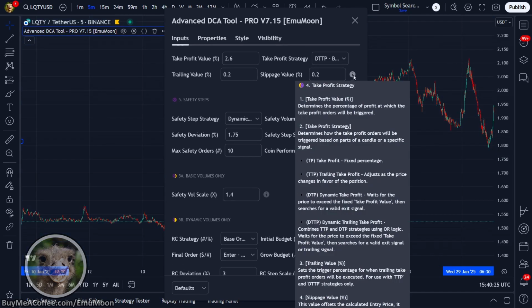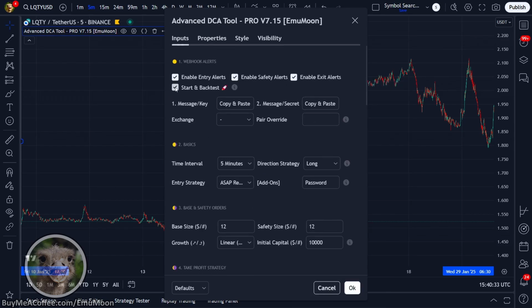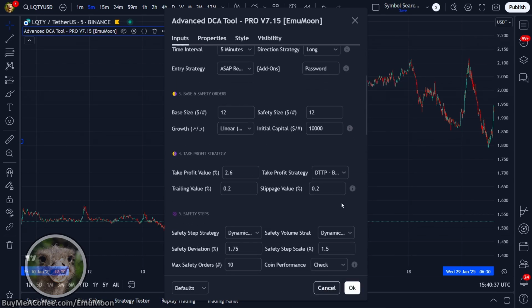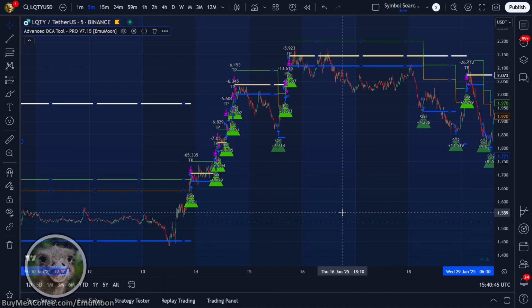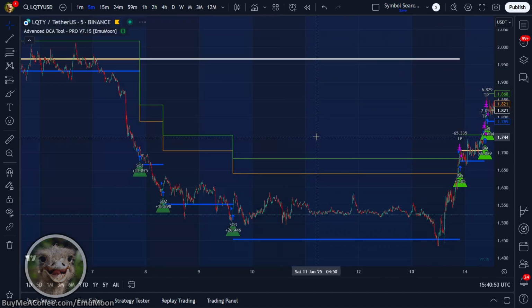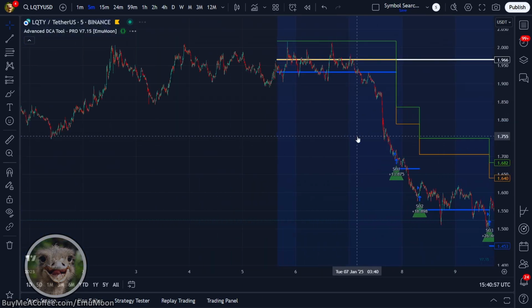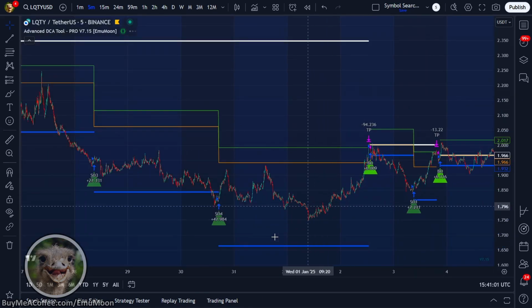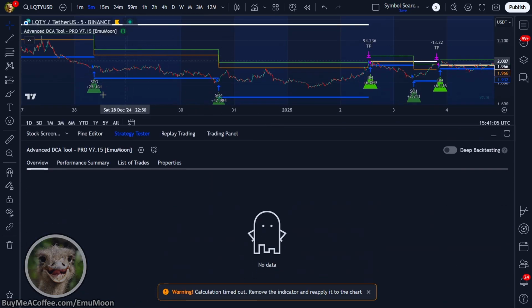The default settings have now been adjusted to this. So when you first load up the script or you reset to default, it will automatically change to dynamic trailing take profit now, because I feel like this is a bit friendlier towards newer traders, and for the traders who are more experienced or perhaps are feeling a little bit more ambitious, you can try moving to dynamic take profit.